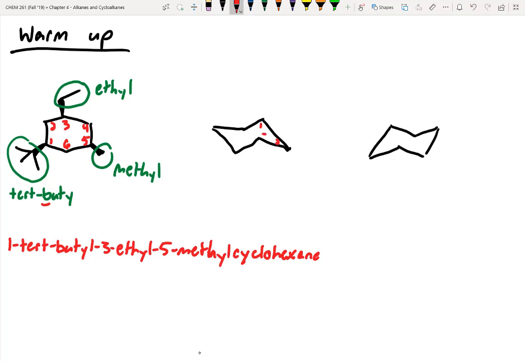So I'll go 1, 2, 3, 4, 5, 6. All right, off of carbon 1, we know we have an axial substituent sticking straight up because that carbon's puckered up. And then the equatorial will be pointed in this direction. On carbon 1, what should go in this highlighted spot?